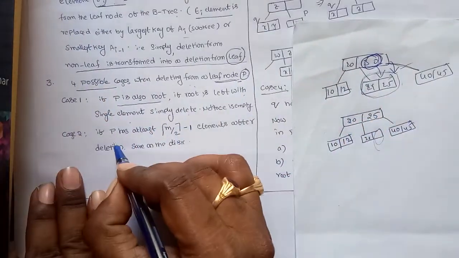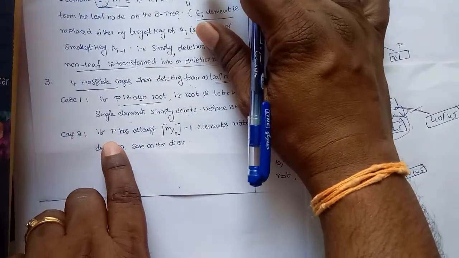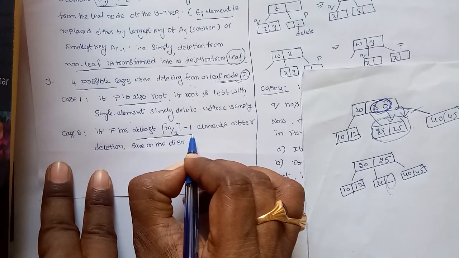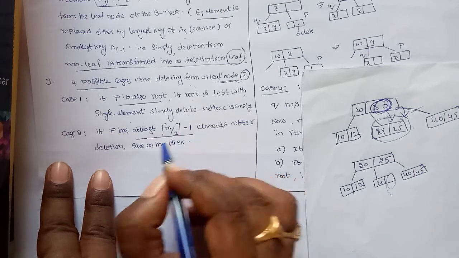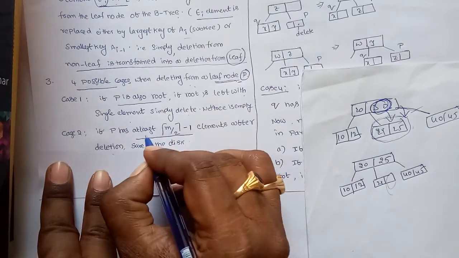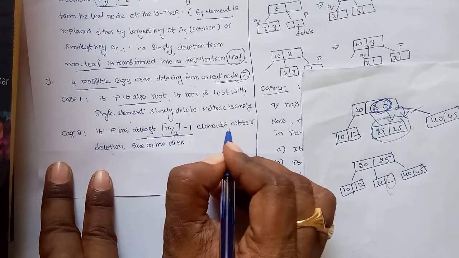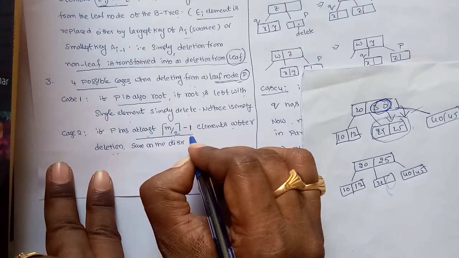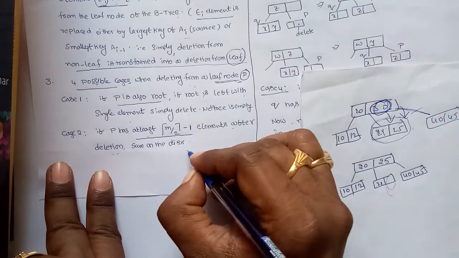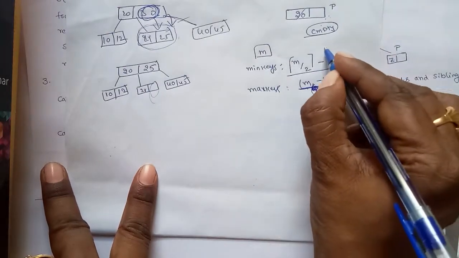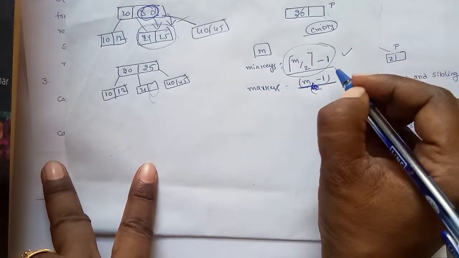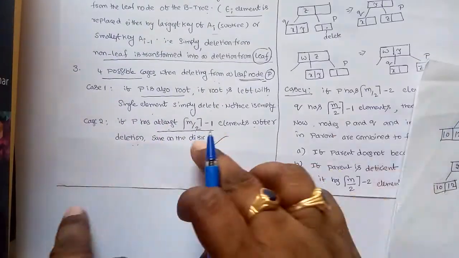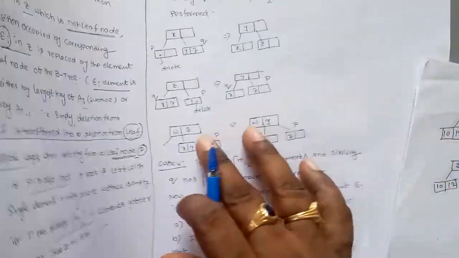If P, the leaf node, has at least m by 2 minus 1 elements after deletion, there is no problem. The minimum allowed is m by 2 minus 1. After deletion, it contains the minimum of m by 2 minus 1 elements, so the deletion is successful.